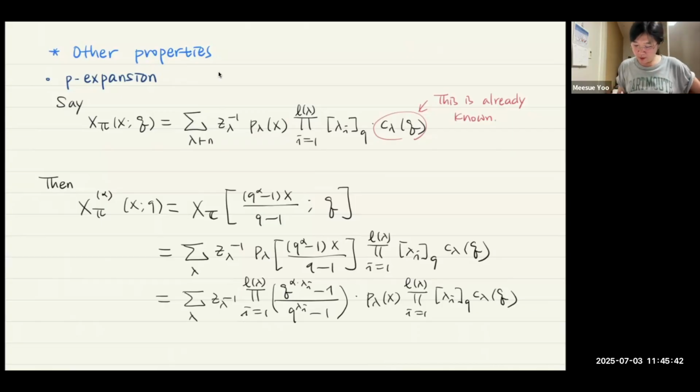And then you can make this as the q integers. This is going to be alpha lambda I q integer, and then lambda I q.